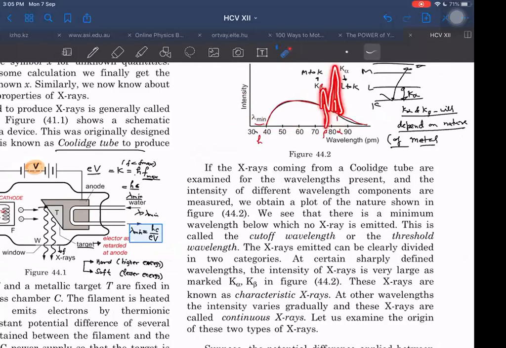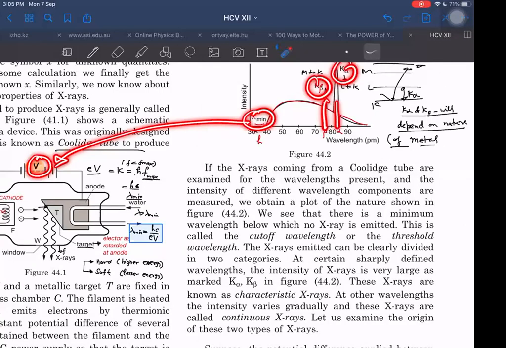Those two peaks refer to the nature of metal used. Lambda minimum depends on V, but where the K alpha and K beta peaks take place, at what wavelength, depends on the nature of target metal.